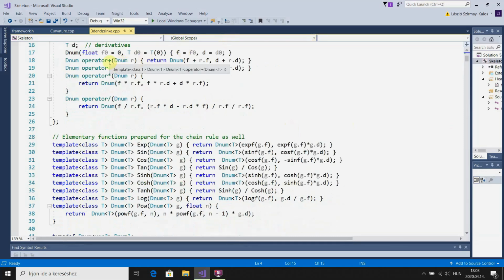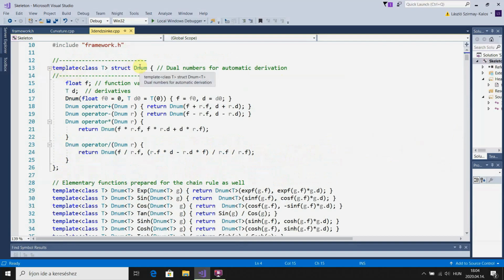In addition to implementing the 4 basic operations, addition, subtraction, multiplication, and division of functions, we also make our implementation prepared for standard mathematical functions like exponential, sine, cosine, tangent, etc. and generalize these implementations in a way that they can also handle expressions with the application of the chain rule.